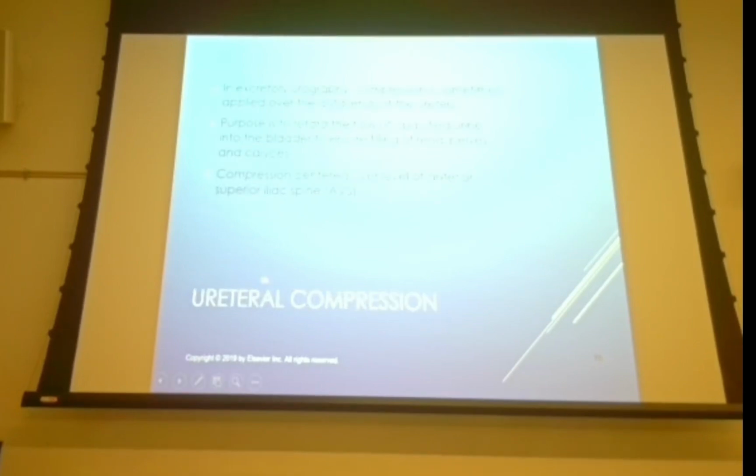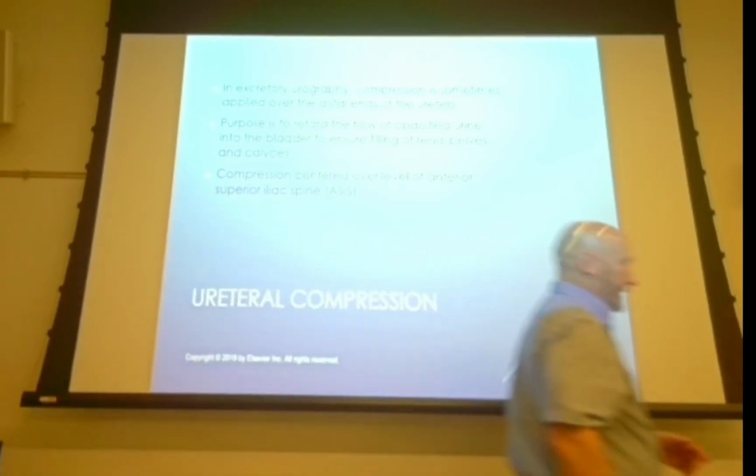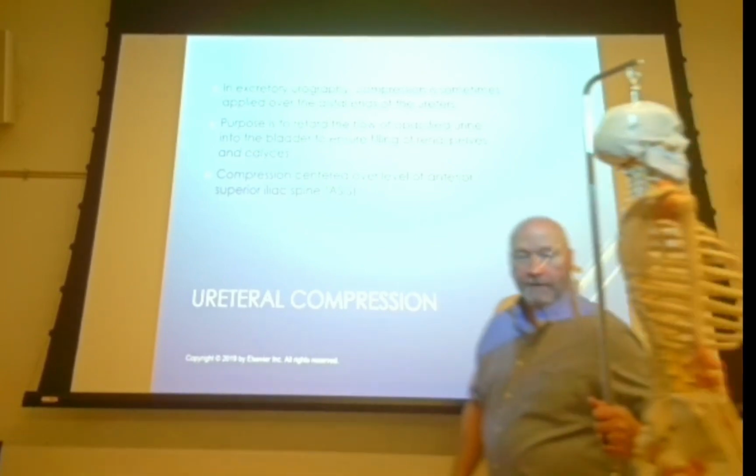All right, so if we use ureteral compression, the purpose for that is to keep the contrast up in the kidneys as long as possible. So sometimes you inject the patient, and what you find is that the contrast starts down the ureter before you can make your 0-minute film.